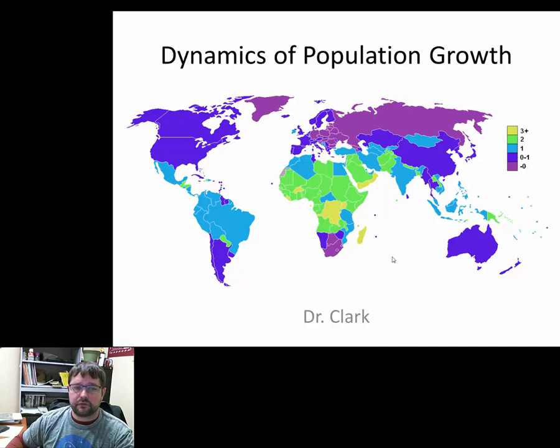If you look at this, you can see that the majority of the terrestrial habitat, the majority of the planet, is growing population-wise for humans. You have areas like the United States and Canada that might have small amounts of growth, or they might be stable and not growing at all. Same thing with Australia. But huge swaths of the planet are growing, in some people's opinion, at an alarming rate.